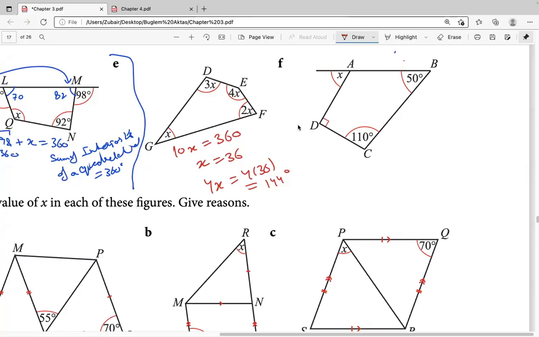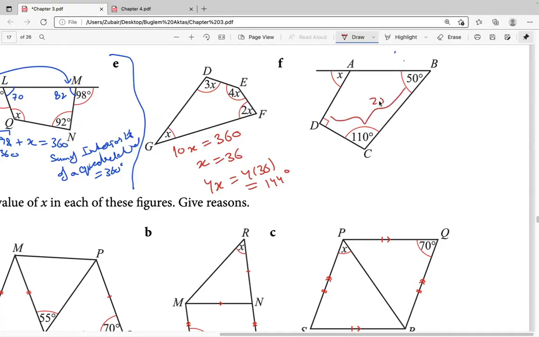F part. Seventy? Correct. X equals 70. Correct.